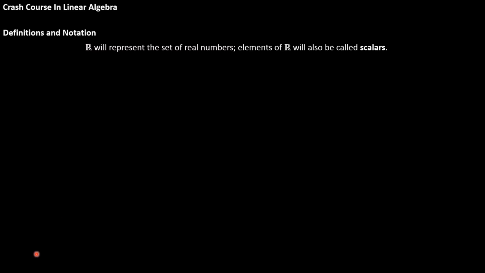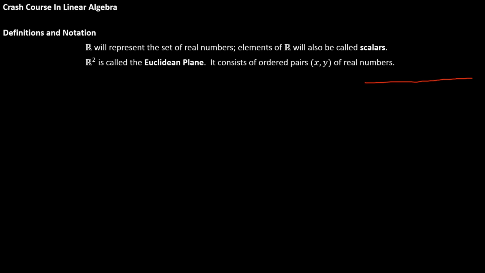First of all, I'm going to be referring to R, the bold-faced R, for the set of real numbers, and those will also be called scalars. The real numbers can be visualized as a number line. And then R2, R squared, usually we call it R2. R2 is the Euclidean plane.